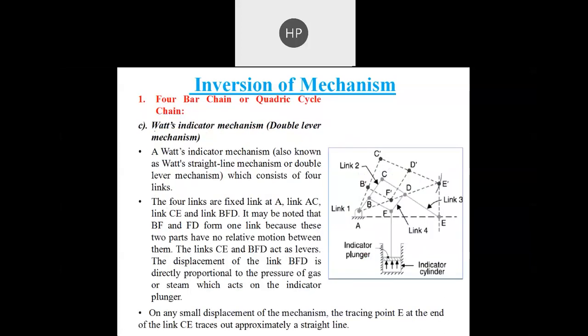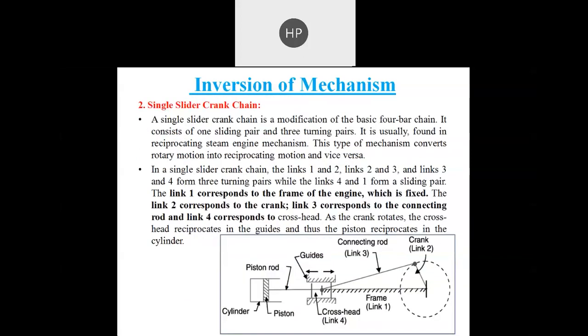Then we talked about the Watt's indicator mechanism. In that we get a straight line mechanism, with the piston movement by use of these 4 links, and again all the pairs are turning joints.